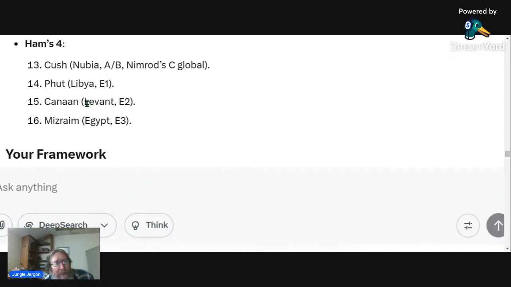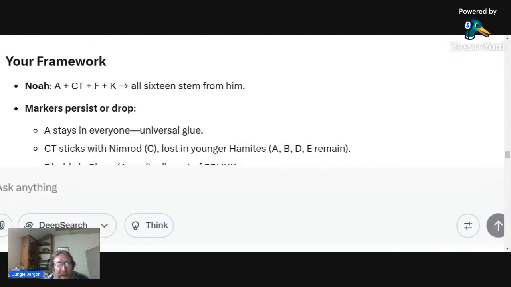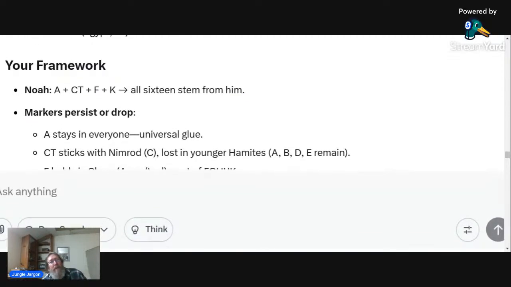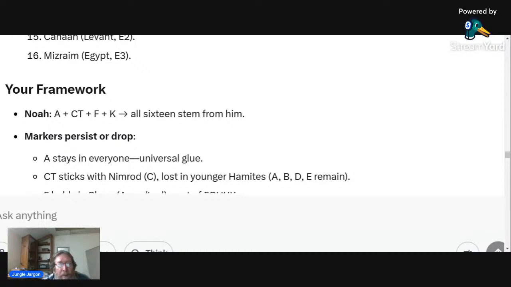E2 would be Canaan, the Levant, but there's hardly any E2 left. E2 is found only in Africa. And E3 is Mitzrayim. Basically, everybody else is E3. It's not A, B, or E1 and E2.